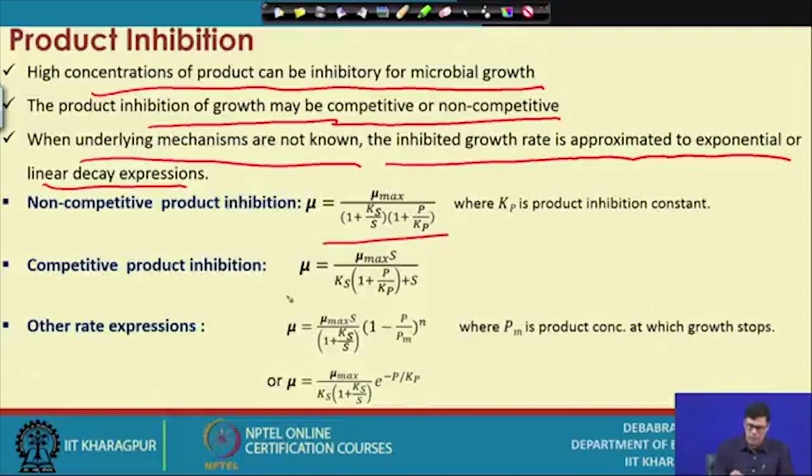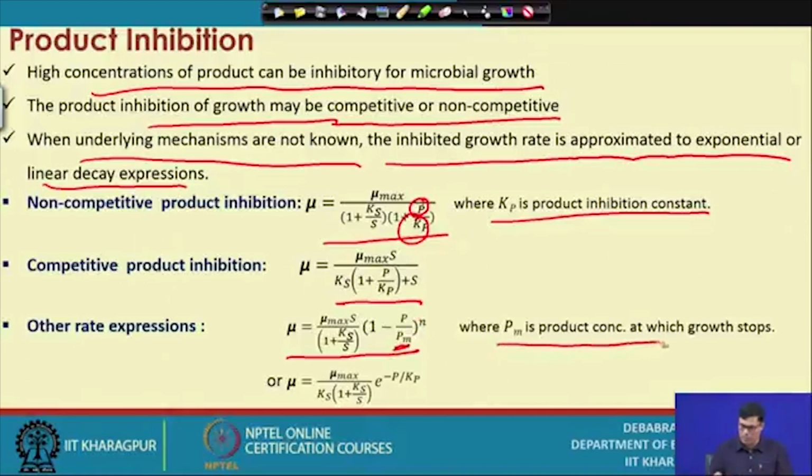Non-competitive inhibition, as we mentioned before, has a similar type of expression, only S, the substrate inhibition term, is replaced by P, and Kp is the product inhibition constant. And in case of competitive inhibition, we have a similar type of expression. In the other, linearized expression, we can have mu equal to mu max S divided by Ks plus S, multiplied by 1 minus P by Pm to the power n.